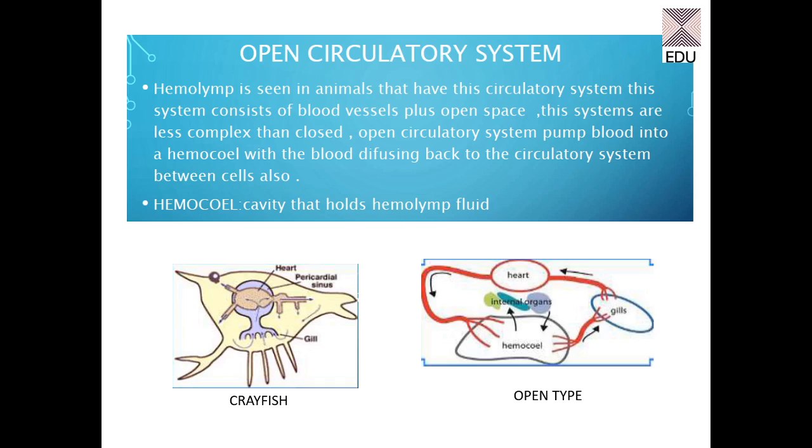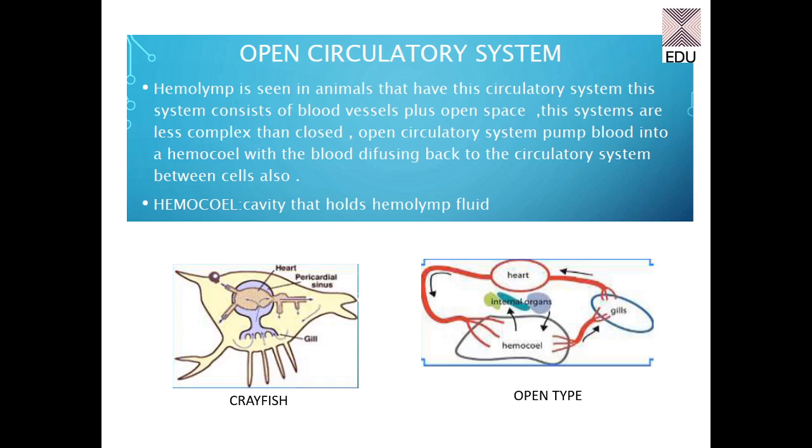Number 1, the pumping organs. In the lower diagrams, you can see the heart. This is an example of a crayfish, and this is a typical heart of the open type of circulatory system. So we have hearts in open type of circulation.